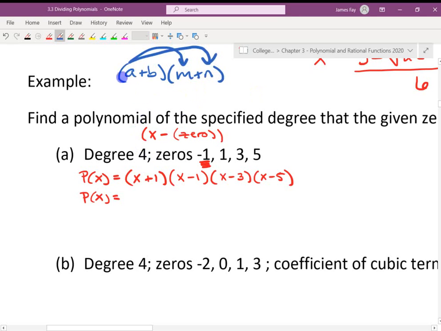Did I just distribute A to the second set of parentheses? And then O would be those two, or sorry, I would be those two. And then L would be those two. Did I just distribute B to both things over here? So foiling is just a mnemonic phrase for telling you to distribute everything in one set of parentheses to everything in the other set of parentheses.